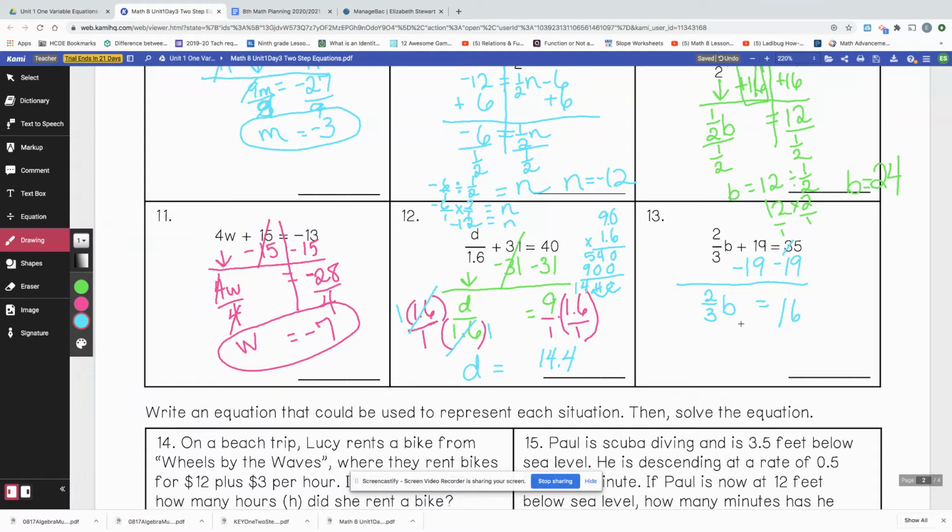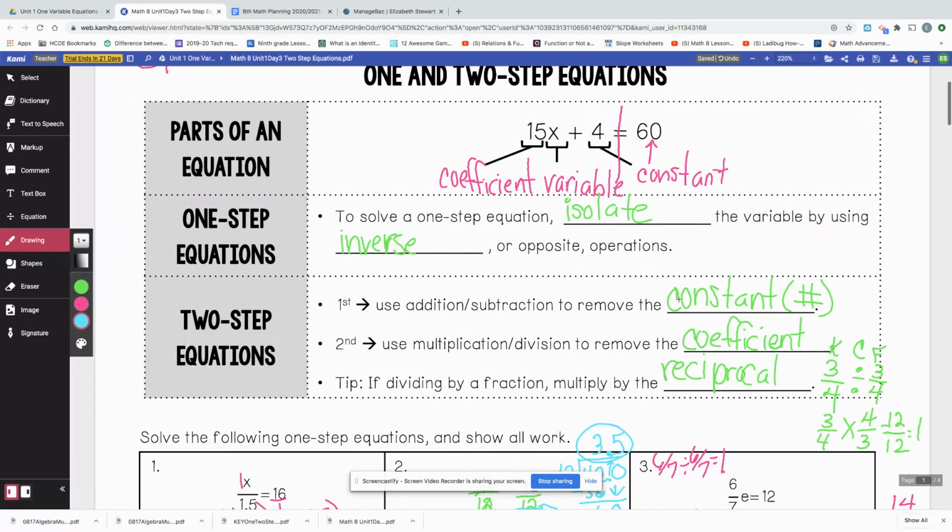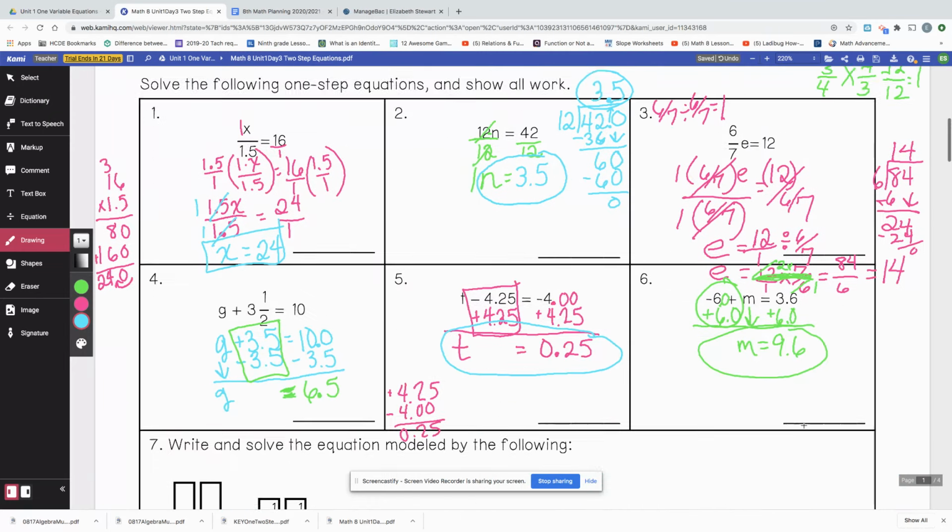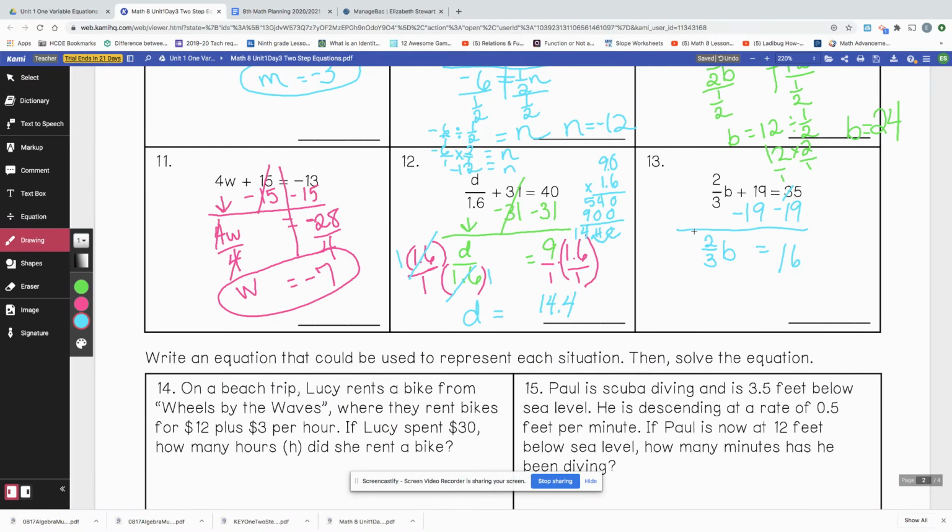Well, here, instead of dividing by 2/3, let's go back up here and think about if dividing by a fraction is the same as multiplying by the reciprocal. So I could, this is another way to look at it, I could make that 16 divided by 1. So I'm going to multiply by the reciprocal. The reciprocal of 2/3 is 3/2. Notice I still have the B there. What I do to one side, I do to the other.